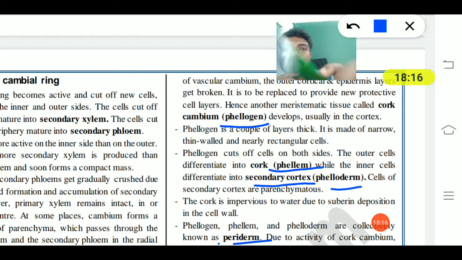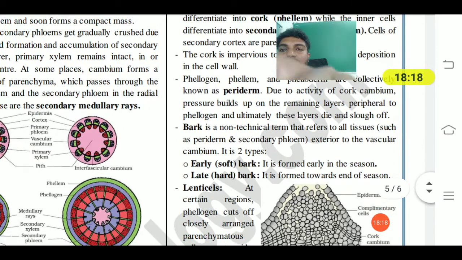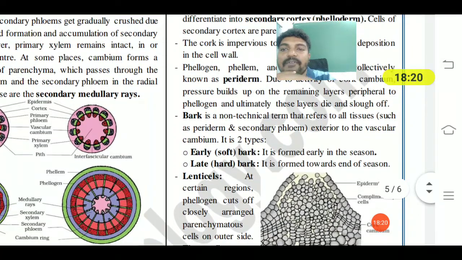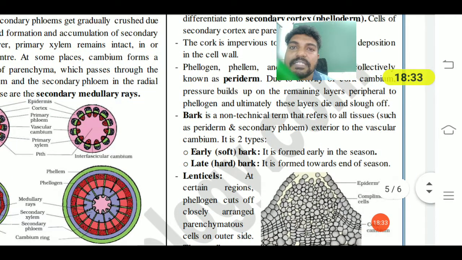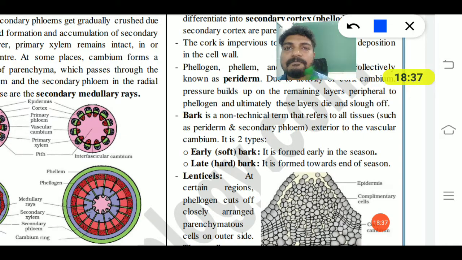Got it? And in the periderm there will be a presence of bark. Early bark and late bark: the early bark is formed in the early season, and the late bark is formed towards the end of a season. In these, some lenticels are present.